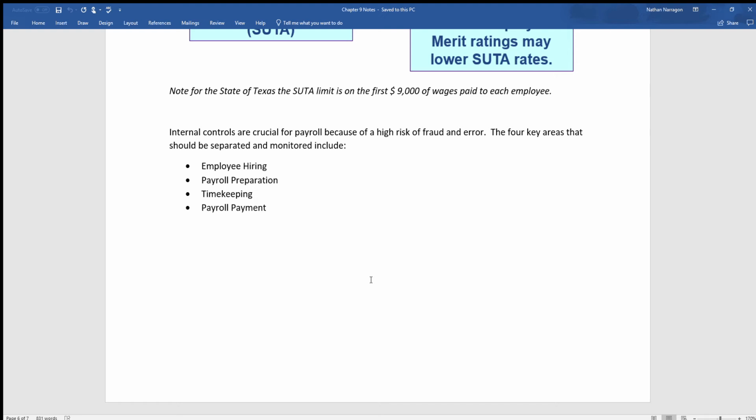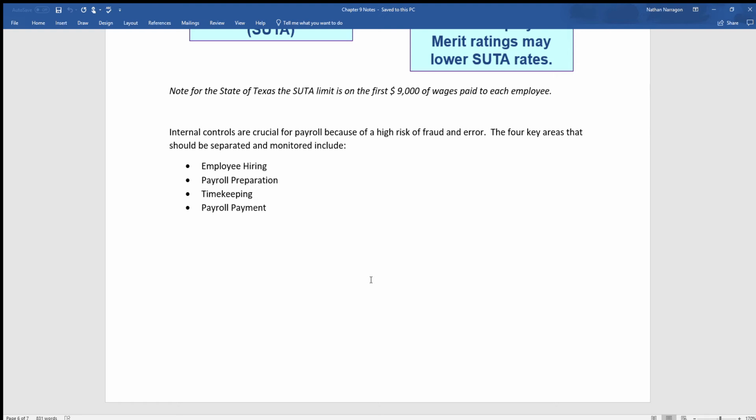Okay, they're the ones that are hiring the employees. Now, the high risk of fraud here is basically going to be hiring probably fictitious employees that they can control, especially if they're not separated out.